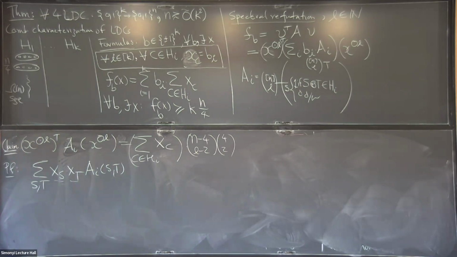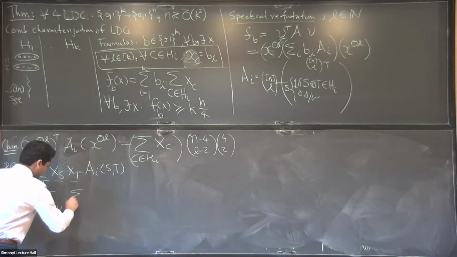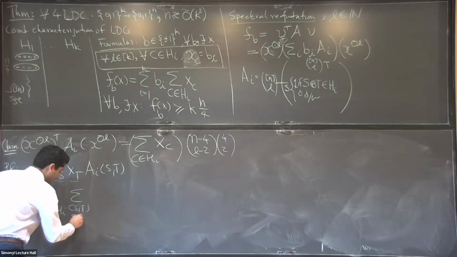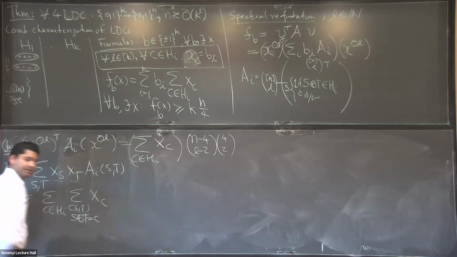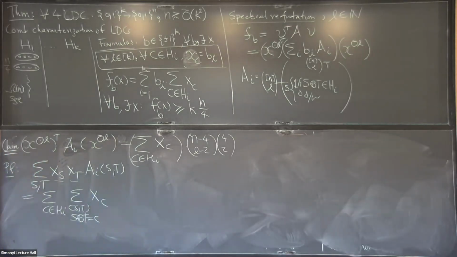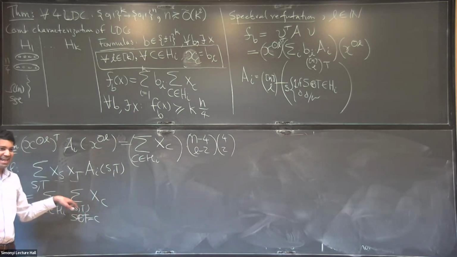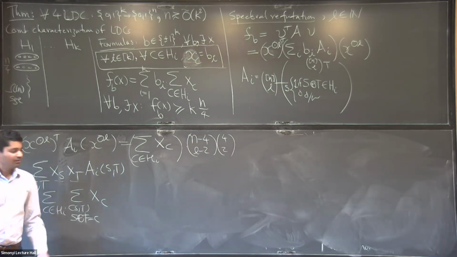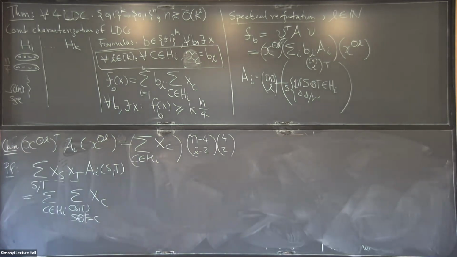Now the same C actually contributes to many different pairs S, T. So what you really get is a sum over C in H_I, sum over pairs S, T such that the symmetric difference of S and T is C, of X sub C. Because of symmetry, I'm going to have the same number of copies of any C. The question is how many, and that's exactly how I counted it. S and T must intersect in L minus 2 elements.